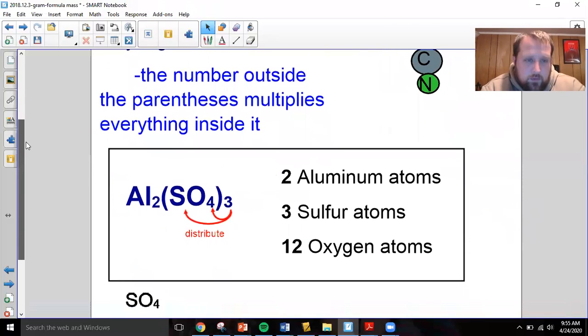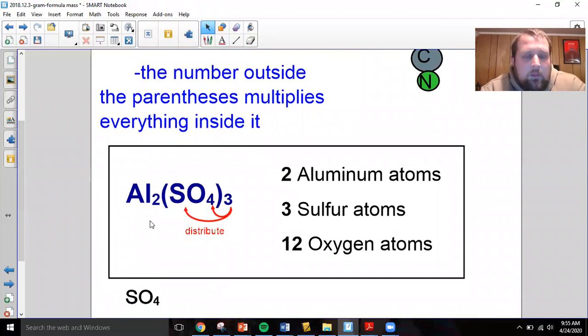So when you have something, for example, a little bit more complicated, like Al2(SO4)3, one thing to remember is this 3 outside the parentheses only affects what's inside the parentheses. It doesn't affect the Al. So there's 2 aluminum atoms, not 6, just 2 aluminum atoms. And one way to think about this 3, it distributes like in math class.